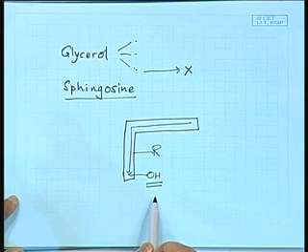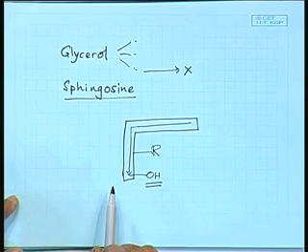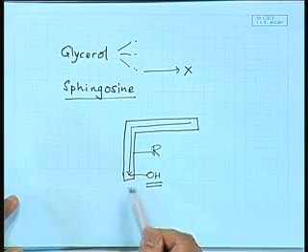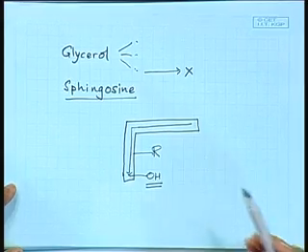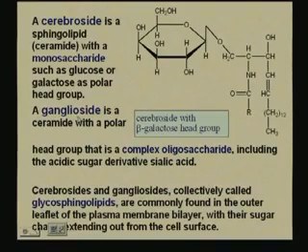Can be linked to a sugar to form a cerebroside. It can be linked to a phosphocholine forming a sphingomyelin. Okay, so that is the basic structure of all this. So, we can have a cerebroside if you have just a simple sugar, or you can have a ganglioside when you have a complex oligosaccharide attached to it. Okay? It is just nomenclature.